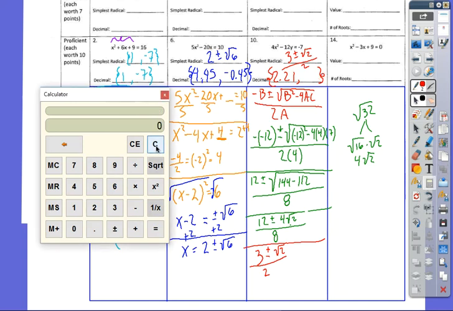And so I will again take the square root of 2. This time it's negative because I'm doing 3 minus the square root of 2. So I combine it with positive 3, divide by 2, and I will get 0.79. And there we go.